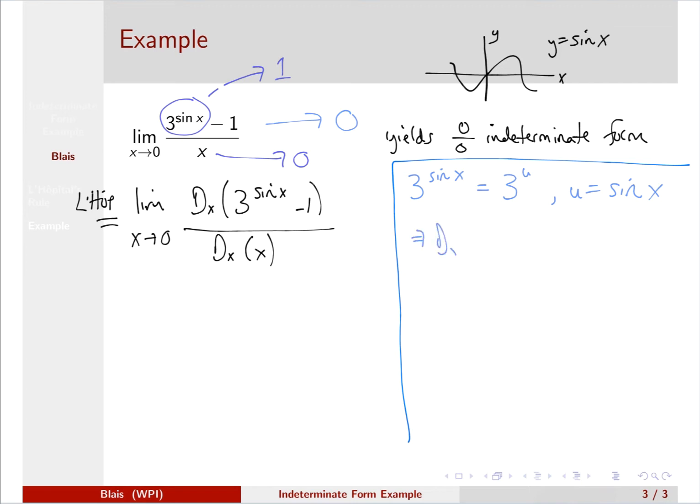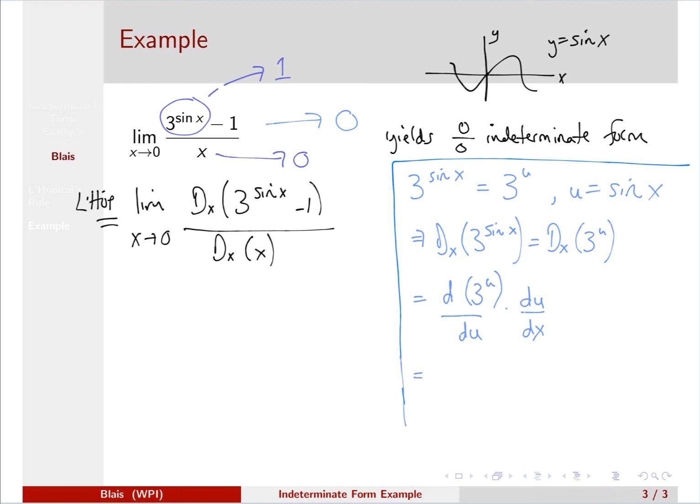So the derivative with respect to x of 3 to the sine of x we can write as the derivative with respect to x of 3 to the u. But u is an intermediate variable now. And we can quote our chain rule by saying this is the derivative of 3 to the u du times du dx.